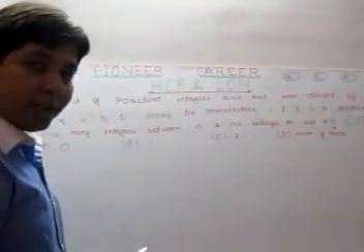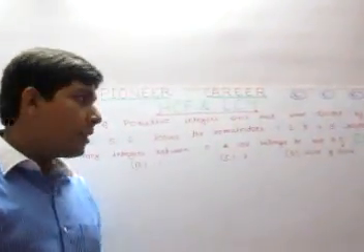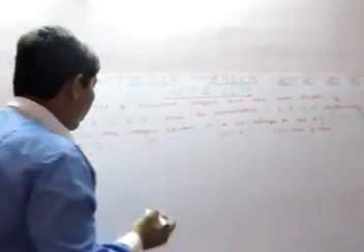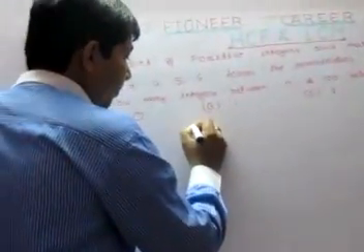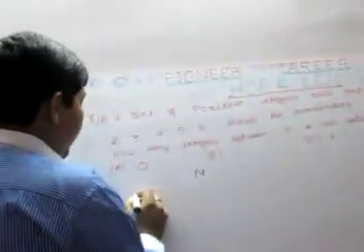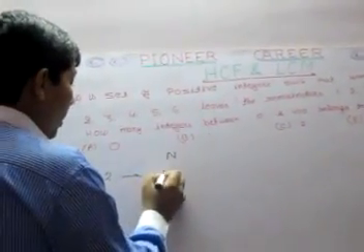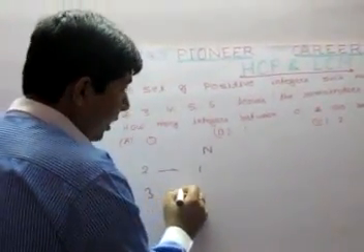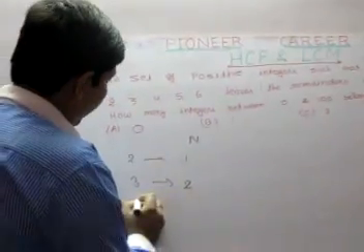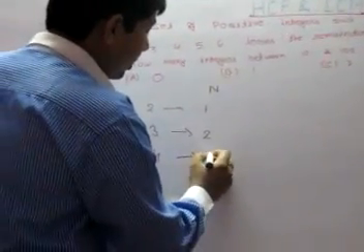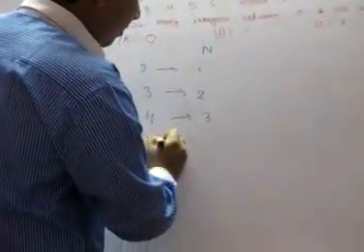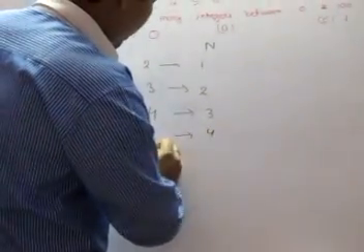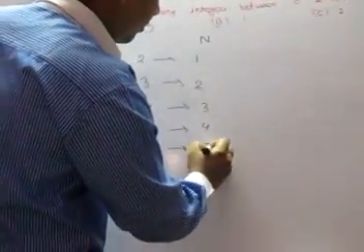That means how many integers are there from 0 to 100 that satisfy this condition. So let us suppose n is an integer that when divided by 2 leaves remainder 1, divided by 3 leaves remainder 2, divided by 4 leaves remainder 3, divided by 5 leaves remainder 4, divided by 6 leaves remainder 5.